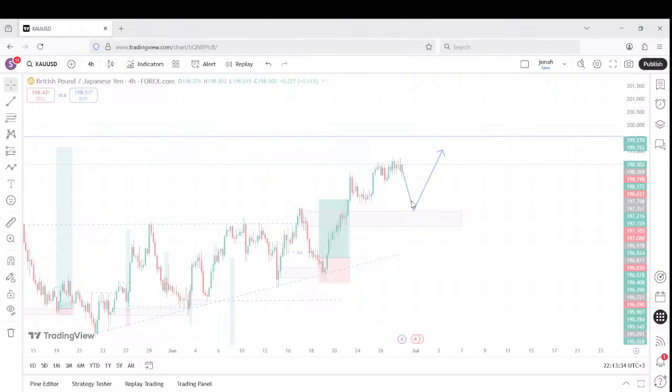It was bullish, but according to how last week ended, gold changed bias and it's going to be bearish. So next week's bias for gold is bearish. Gold is currently running a bear market.